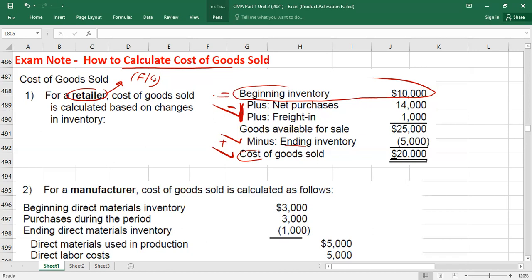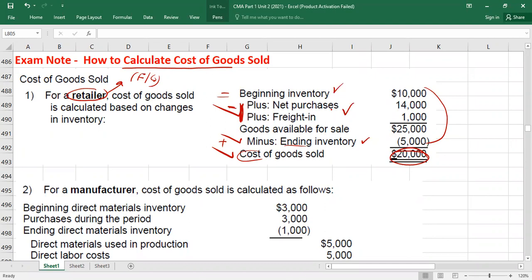If you are calculating the last point, then you have to go straight, so plus will remain plus and minus will remain minus. But if you have to calculate beginning inventory, purchases, or ending inventory, you have to go reverse. Understood? This equation you need to memorize, please.